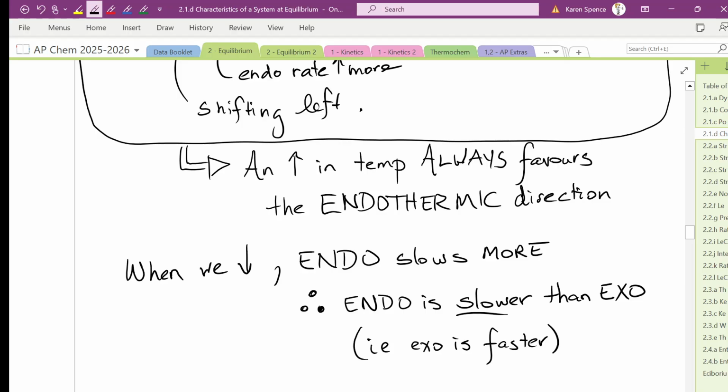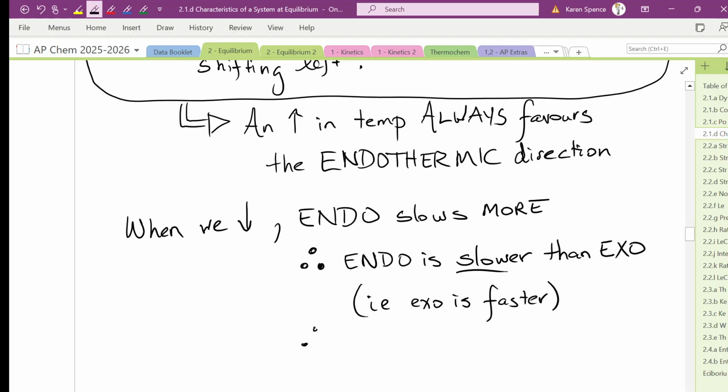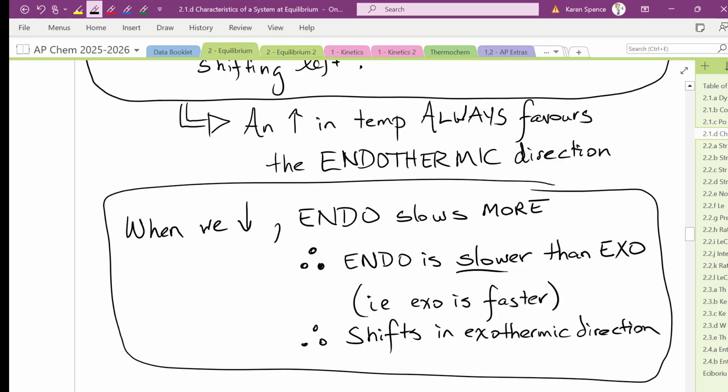And if the exo is faster, then we are shifting in the exothermic direction. A decrease in temperature always favors the exothermic reaction.